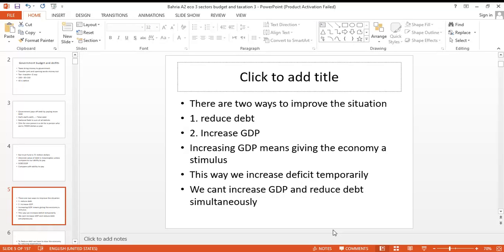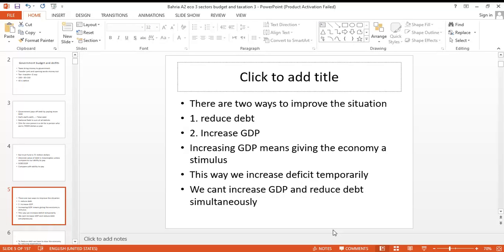So when the government spending is going up, the difference between the revenue and the expenditure of the government is rising. Revenues are not rising as fast as the government expenditure is rising. So the government runs a budget deficit. But please do keep in mind this deficit is temporary.